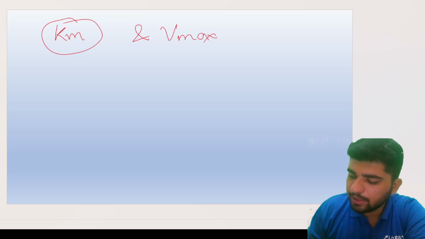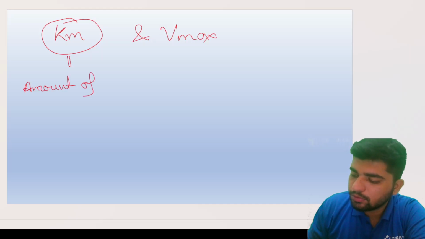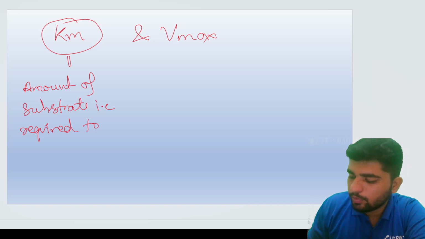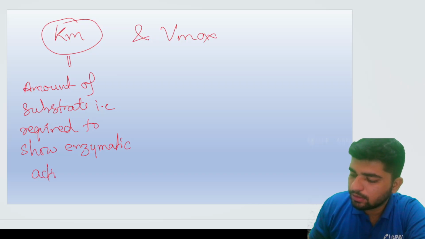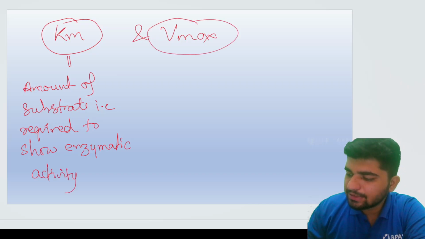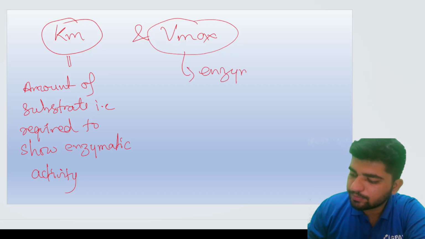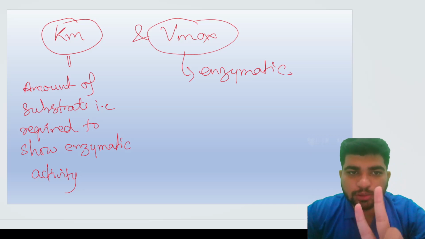Km means the affinity of the substrate, or the amount of substrate that is required to show enzymatic activity, whereas Vmax is the enzymatic activity. So there are two terms, Km and Vmax.